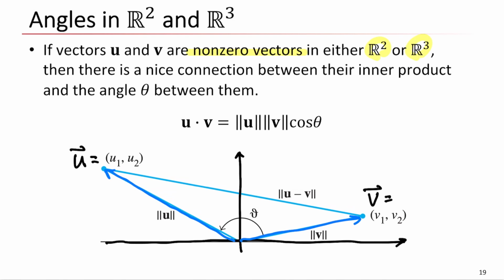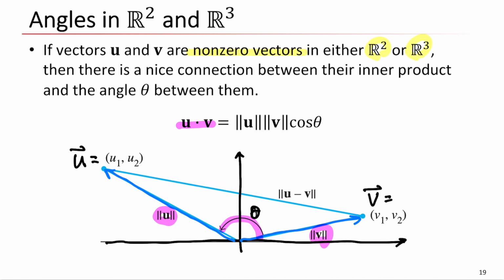Then the inner product between this u and this v is equal to the length of u, length of v, and cosine of theta here.